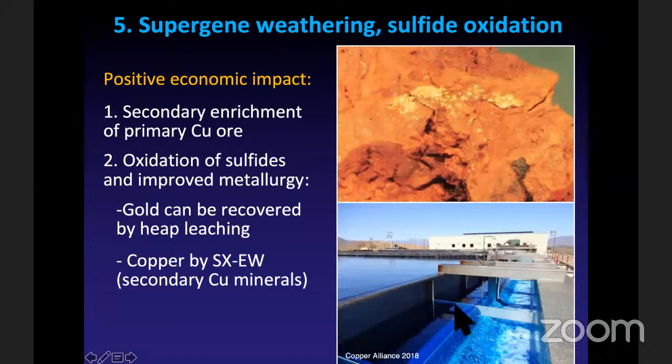It can also do the same thing for copper, releasing copper from copper sulfides and producing secondary copper minerals, which can be leached at lower cutoff grades by solvent extraction electrowinning. So in addition to being able to do a secondary enrichment, it can lower mining costs by lowering the cutoff and make a deposit economic which otherwise wouldn't be.